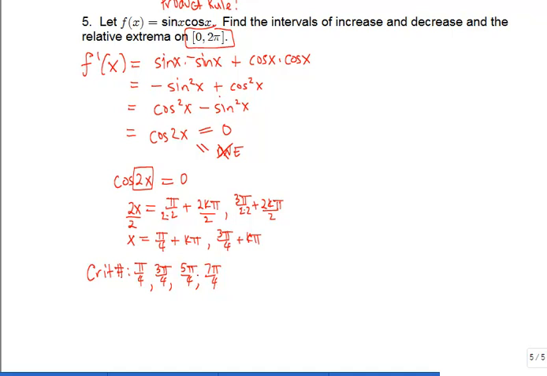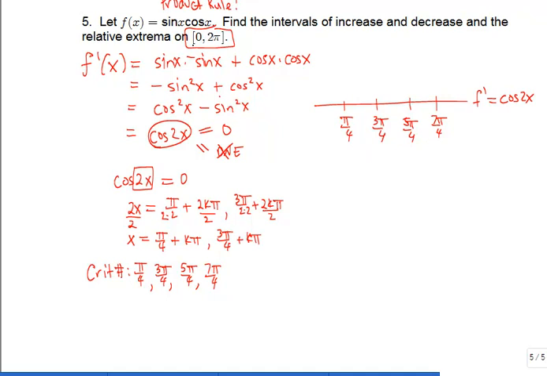All right, now that I have my critical numbers, we're ready to make our number line. So I have pi over 4, I've got 3 pi over 4, 5 pi over 4, and 7 pi over 4. My derivative in its most cleaned up version was this cosine of 2x, so let me label that. And I'm going to do one thing that's slightly different on this example.